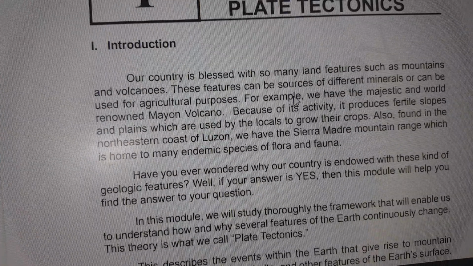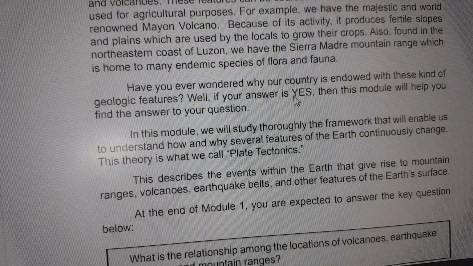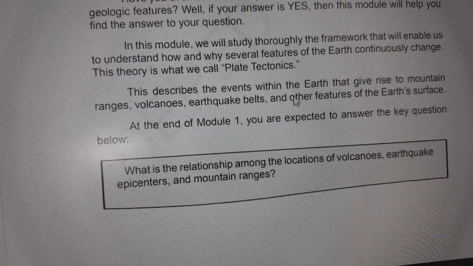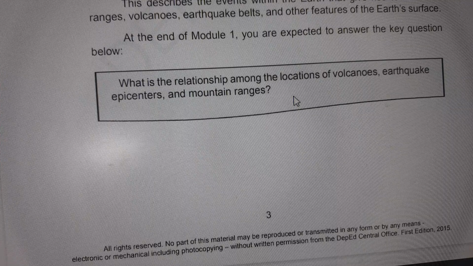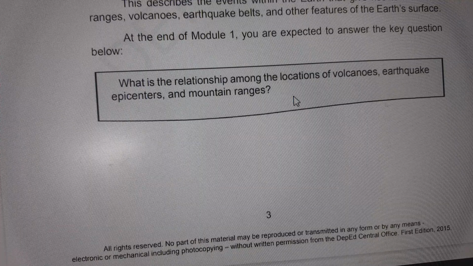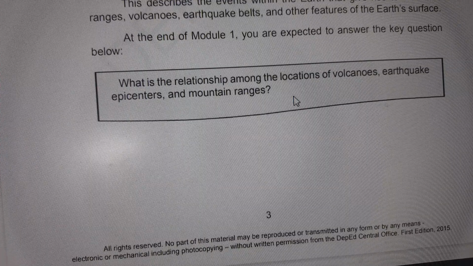topic. For the introduction, if you have some sentences here which you can't understand, just chat with me and we will explain it to you. Okay, so the bottom line of the introduction is this question. What is the relationship among the locations of volcanoes, earthquake epicenters, and mountain ranges?